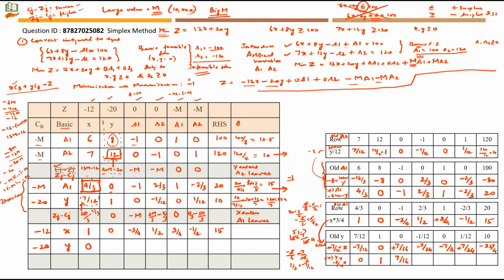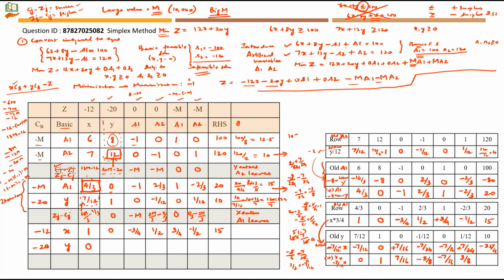Minus 1 by 12 minus 7 by 24. If we take LCM this becomes 2 and it is minus 9 by 24 and minus 3 by 8. Then we have minus 7 by 16 and here it is 1 by 12 plus 7 by 24. It is 2 times to bring it to 24. So 9 by 24 is again 3 by 8.